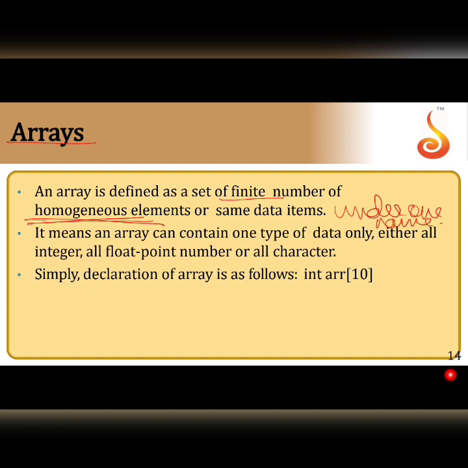For example, I have to store the total marks of your class. Like for example, your class is 50 students, the strength of your class is 50. Then I need to store the total marks. I am not storing the individual marks here, I am storing the total marks of a student.